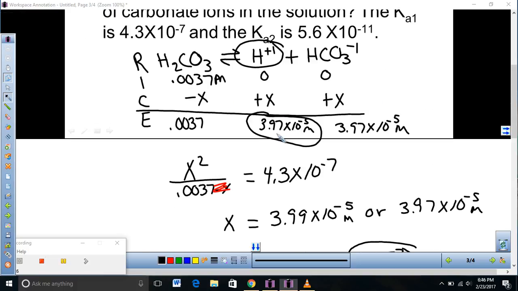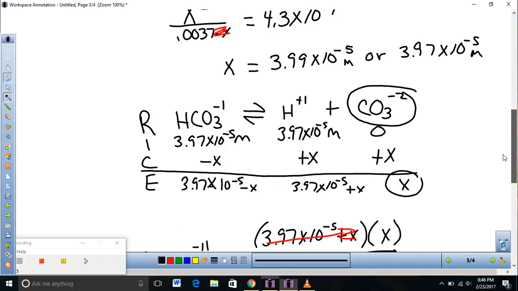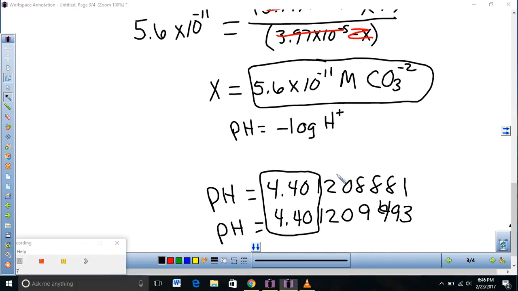So most of the hydrogen ions are here, coming from the first one. The second one barely comes off and barely gives us any hydrogen, affecting the pH just way out in the decimal, and it's not even lowering it hardly any at all. I mean, it's lowering it. That's definitely a lower number, but way on out.